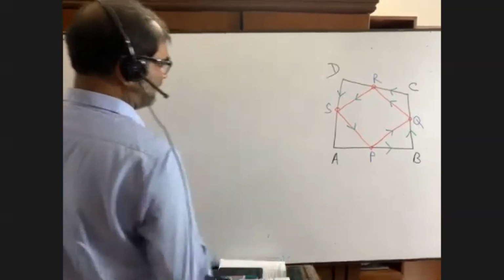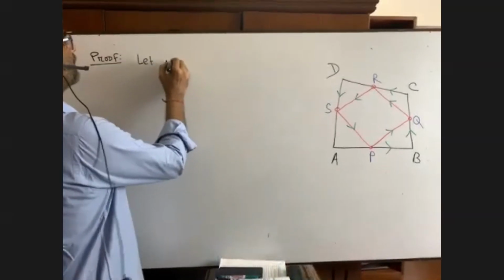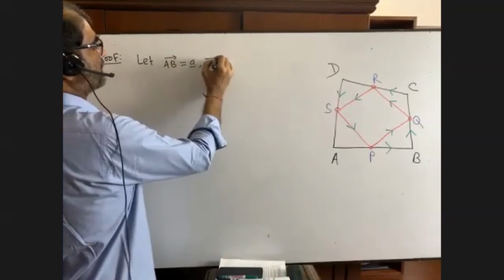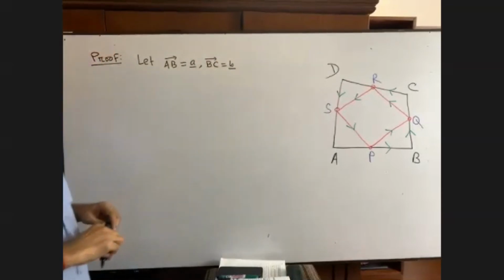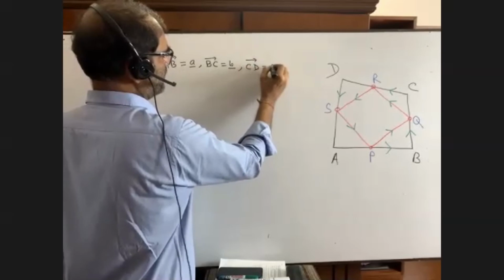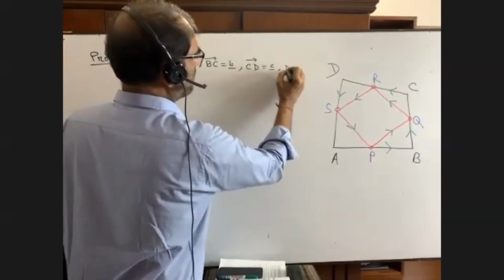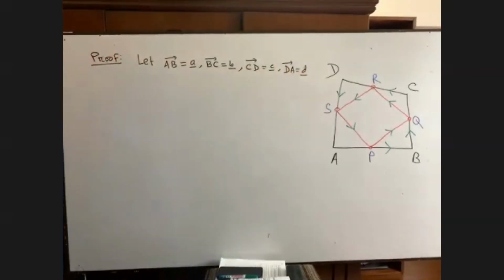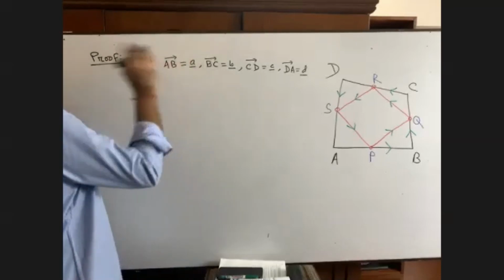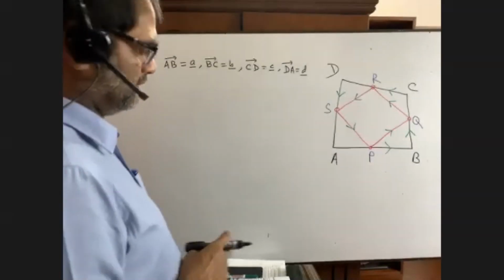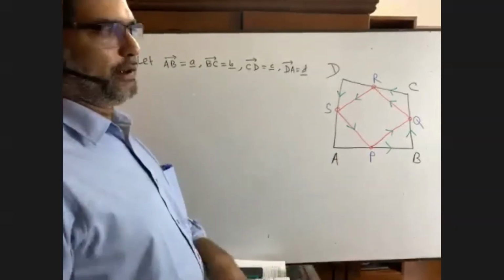So here you write down AB equals A, BC equals B, then CD equals C, then DA equals D. In this way, AB equals B minus A, that's right, but that B minus A has been taken in another unit, only A. Suppose BC equals C minus B, but I have taken only B.